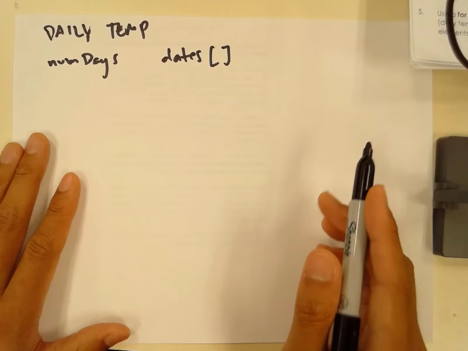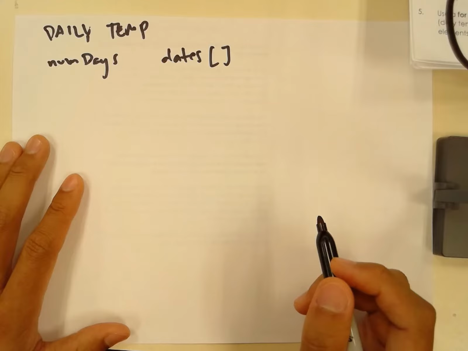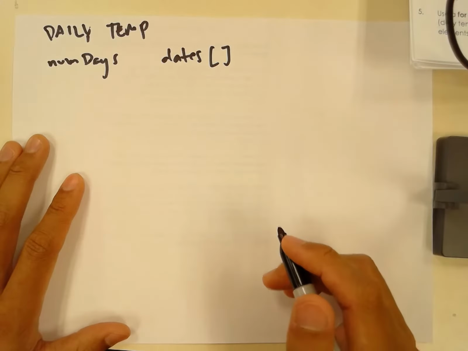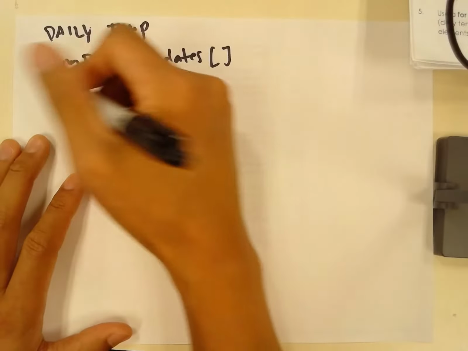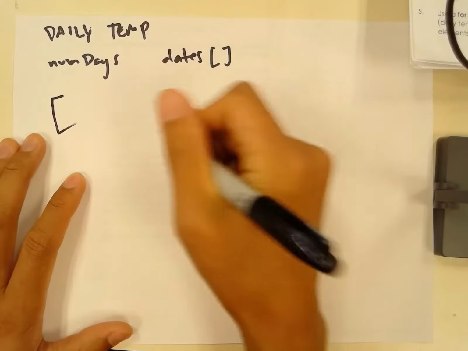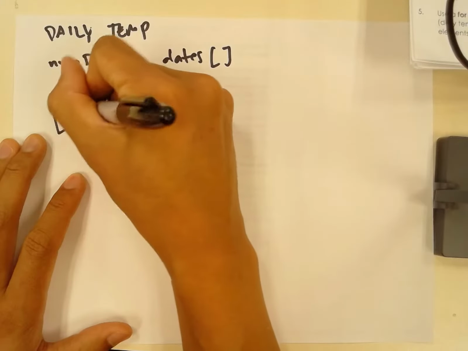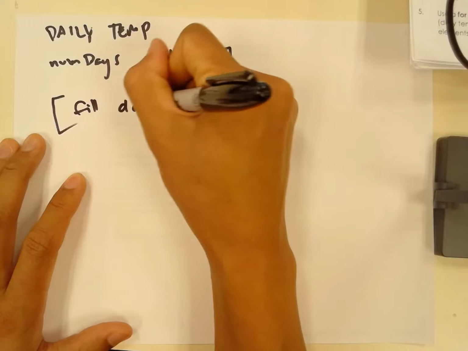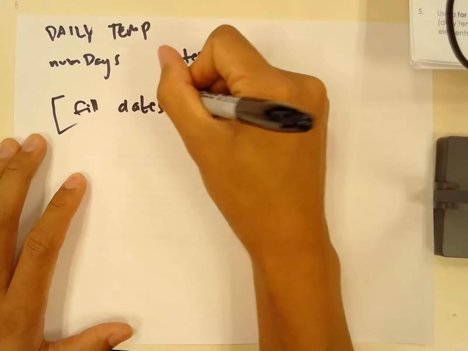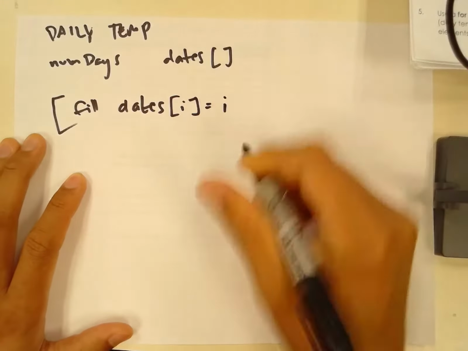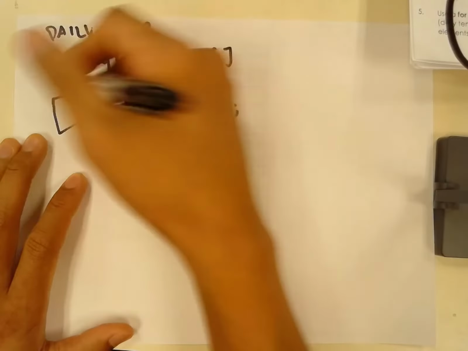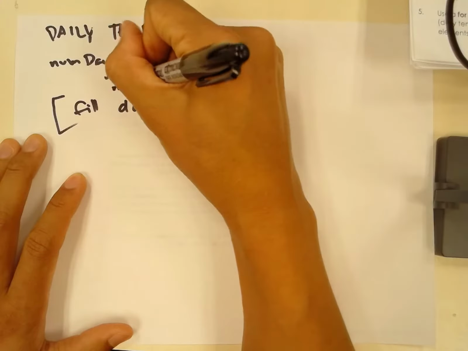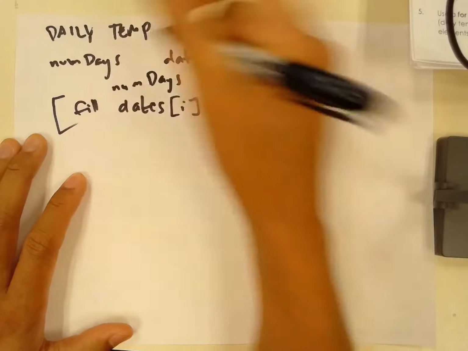Okay, so part 3 is to use a for loop to fill the array with integers from 1 to num days. So the next thing we would do is have a for loop that fills dates with I, right? So dates sub I is equal to I. And of course you're going to run this for loop num days number of times, right?